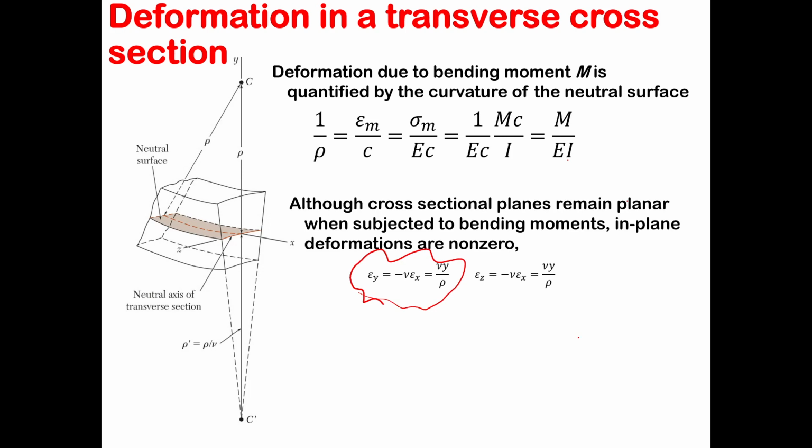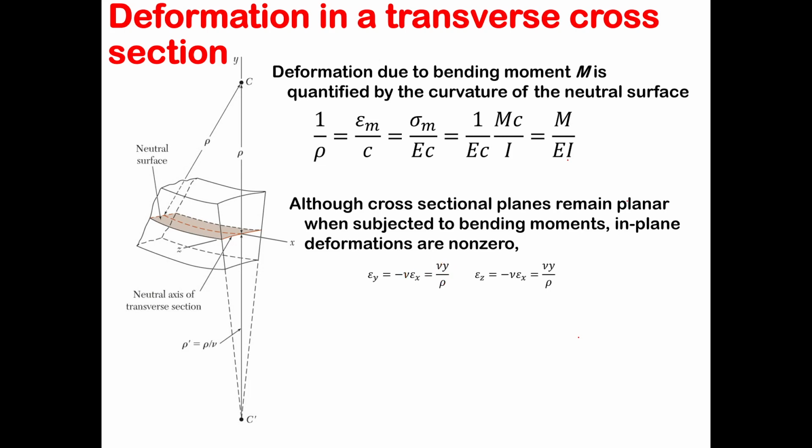We can actually combine them using nu, right? Which says that the transverse strain is going to be equal to negative nu multiplied by epsilon of x, which is the strain in your moment direction, right? So we can replace epsilon of x with y over rho.